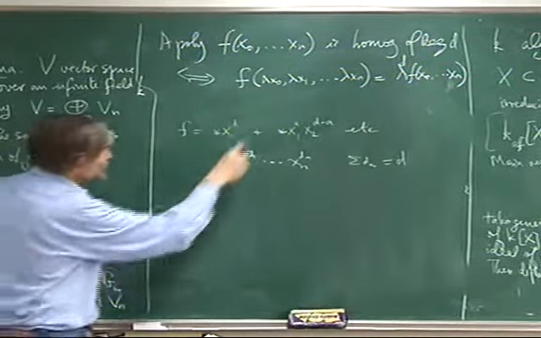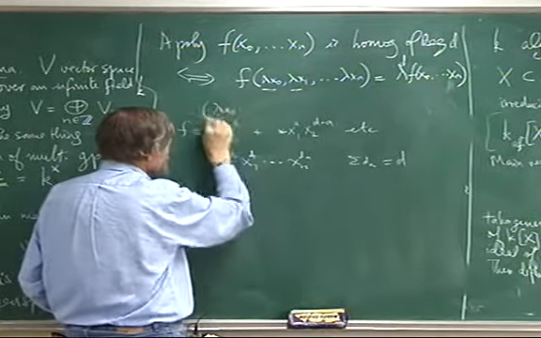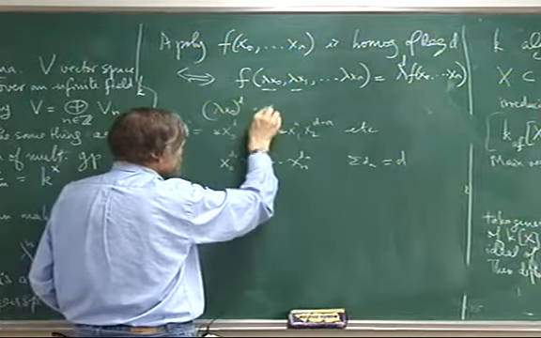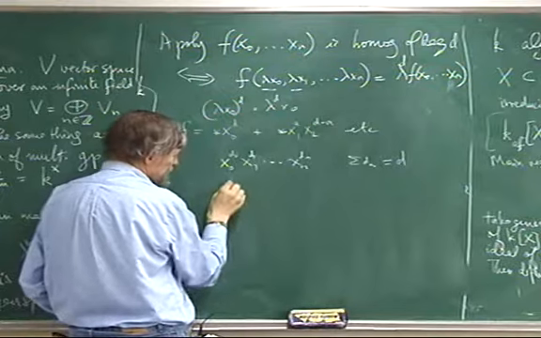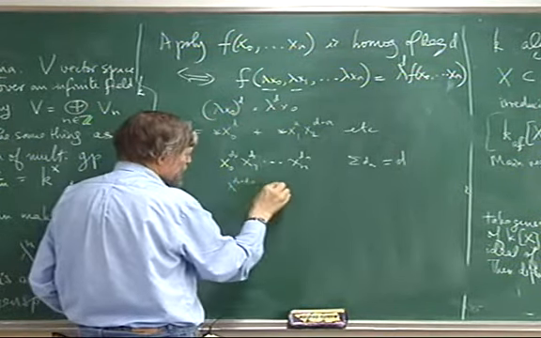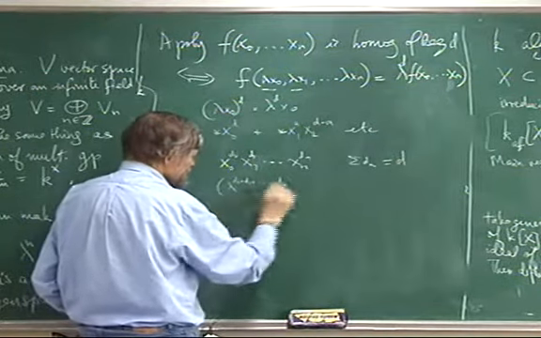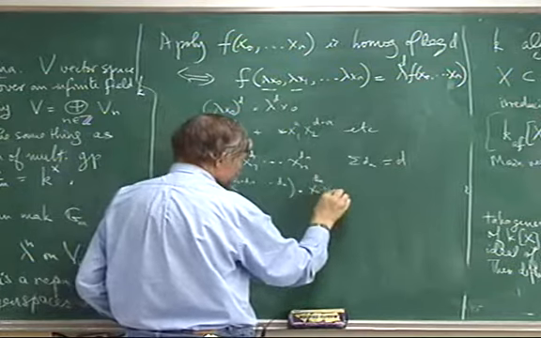Then when I do this lambda x_0, I'm getting lambda x_0 to the power of d_0, and that's lambda to the d_0 times x_0. So overall I'm getting lambda to the power of d_0 plus d_1 plus up to d_n, times x_0 to the d_0, x_1 to the d_1, and so on.